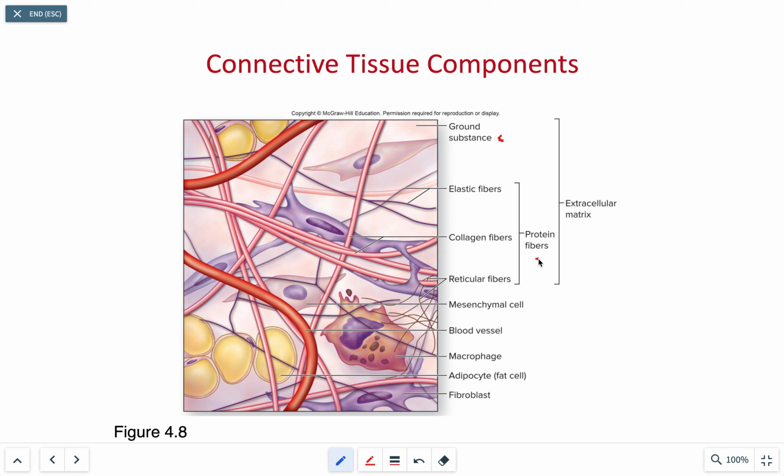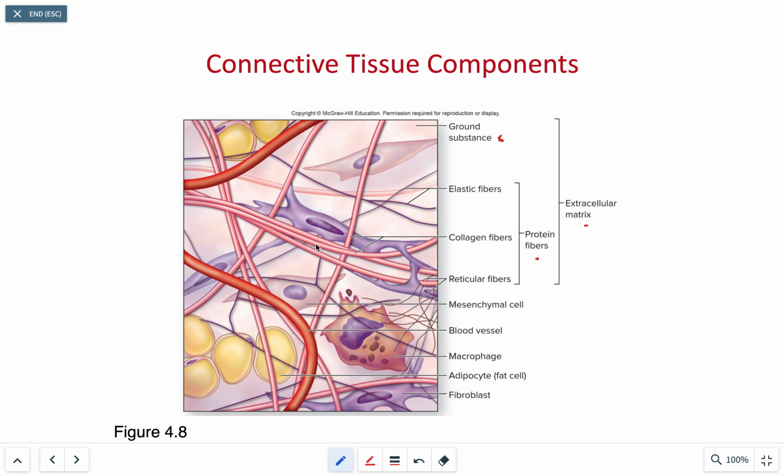These two components form what we consider to be the extracellular matrix. Within the ground substance, we're going to see cells and protein fibers that reside, which are composed mostly of protein, carbohydrate molecules, and water.